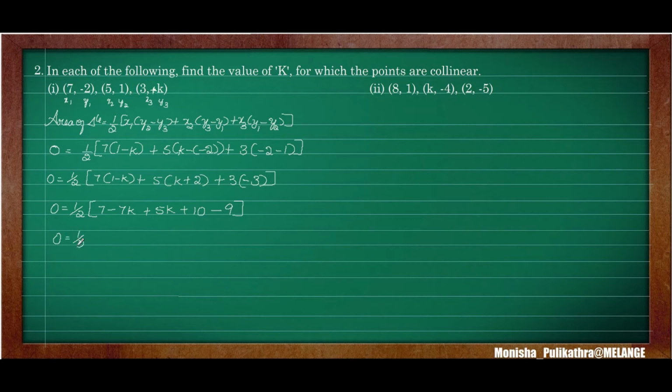So 0 is equal to half into 7 plus 10 minus 9 minus 7k plus 5k. So 0 is equal to half into, so 10 plus 7 is 17. So 17 minus 9 is 8. Okay, 8. Here minus into plus is minus. We need to subtract it. 7k minus 5k is 2k. Large number sign is minus.